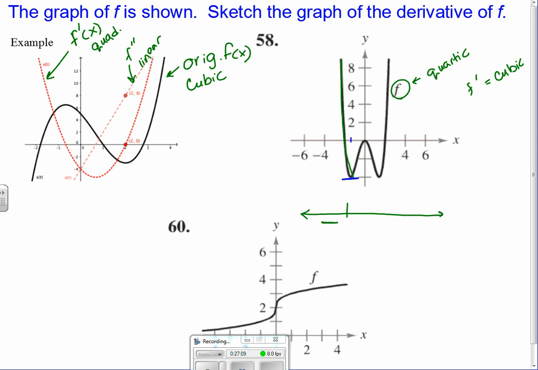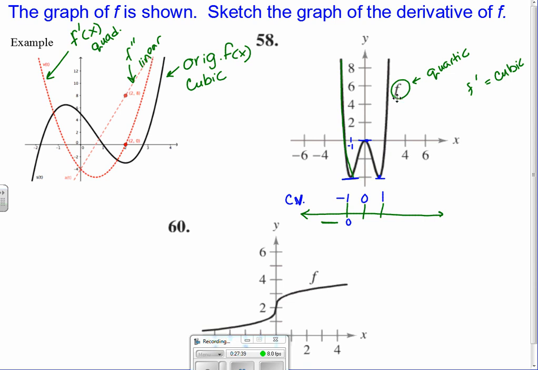So when X is, let's call it -1 here, I hit a critical value. That's a V there. And its slope would be 0 there. I also have another critical value at 0. And I have another critical value at 1. So this is kind of tight here, but we're going to fit them in. I know that because I see those horizontal tangent lines, right?